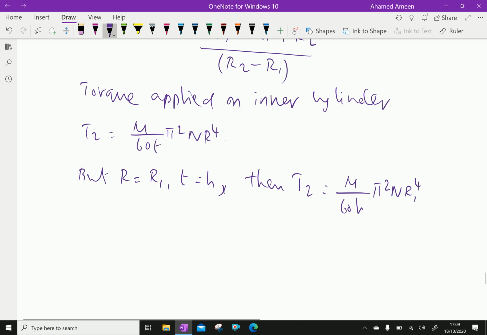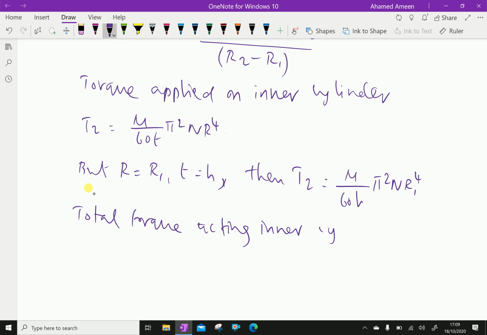Therefore, the total torque acting on the inner cylinder is T1 plus T2, both torques added.